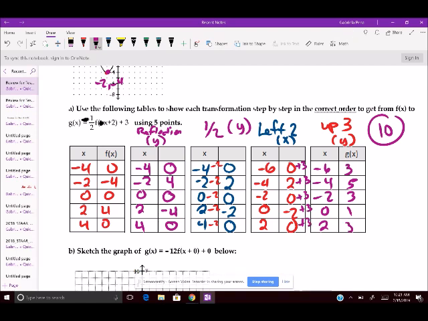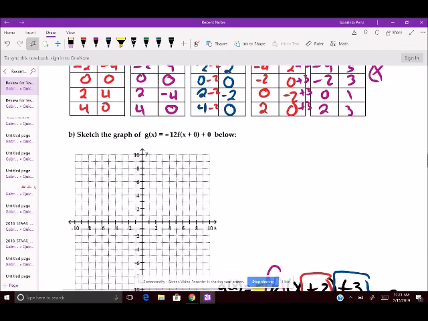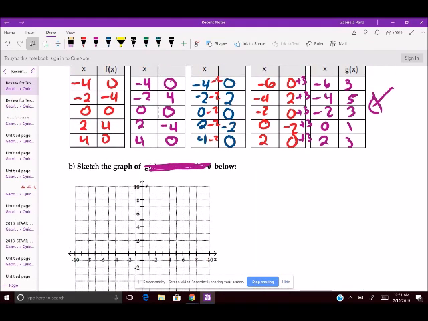So once you have this table, the last one, all you have to do is sketch it, because this, they messed up, but it's supposed to say the same thing as the top one. So once you sketch it, you get your 5 points. So this whole question is worth 20 points.